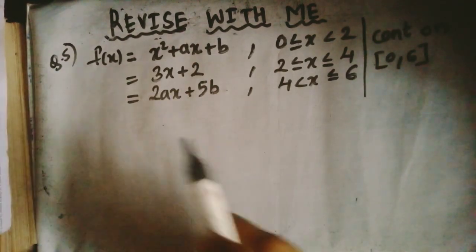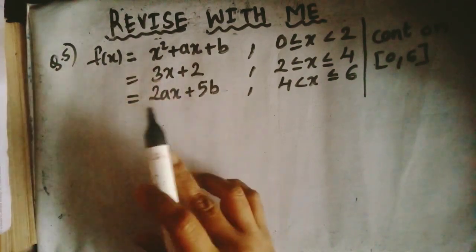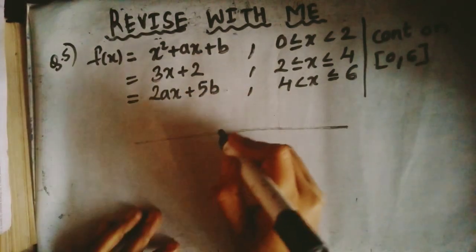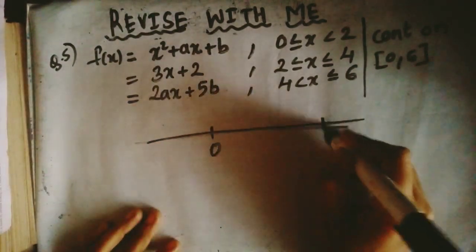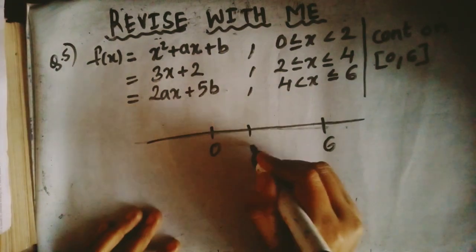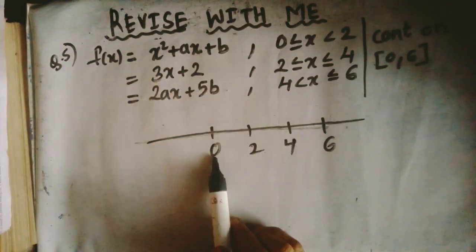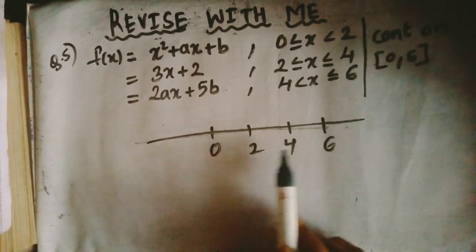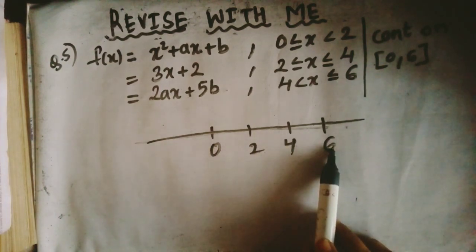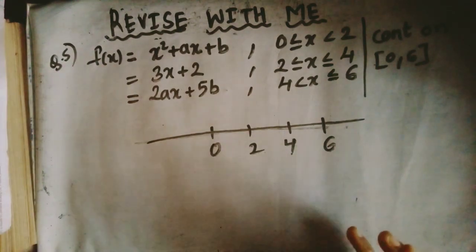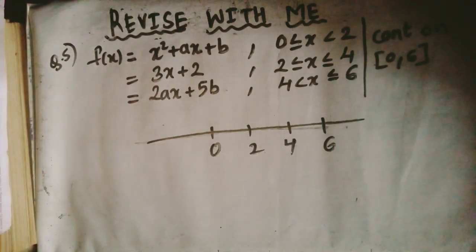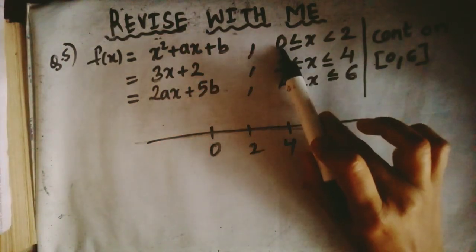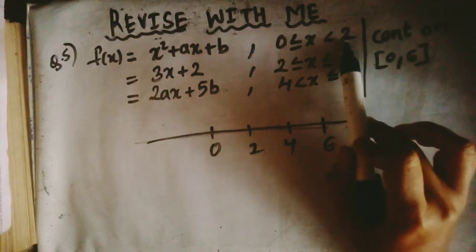Let's solve this. Now this function is defined on an interval, and the interval is 0, 6. This interval is split into these intervals, that is 0 to 2, 2 to 4 and 4 to 6. Now we have to make use of continuity on an interval. Here the left hand limit is 0, right hand limit is 2.